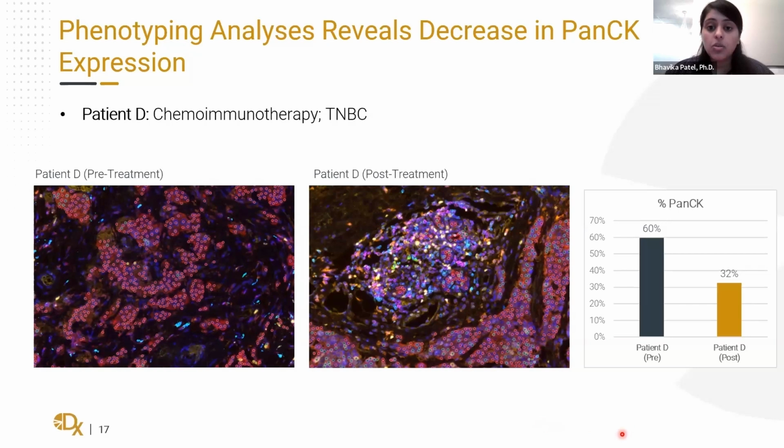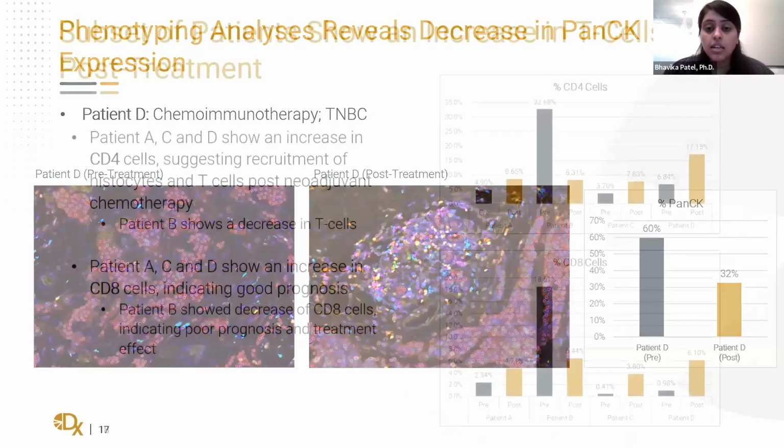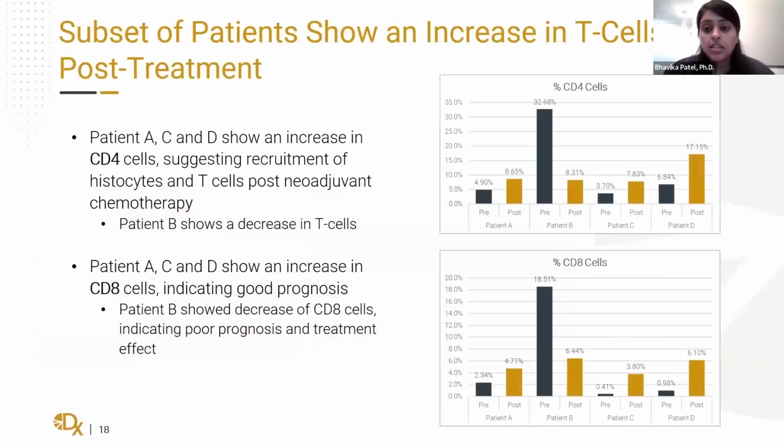The post-treatment shows some pan-CK positive cells on this corner, but it also shows this interesting cluster of immune cells within the tumor. We've investigated these cells across all patients and saw there is an increase in T cells post-treatment for patients A, C, and D. CD4 is a glycoprotein that is found on the surface of immune cells, such as T helper cells, monocytes, macrophages, and dendritic cells.